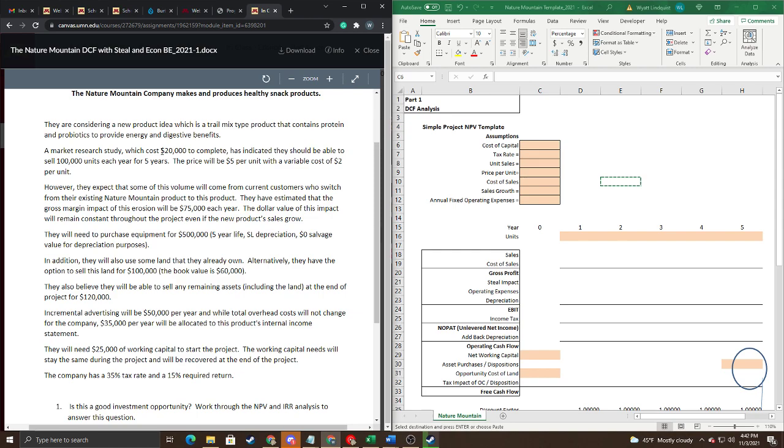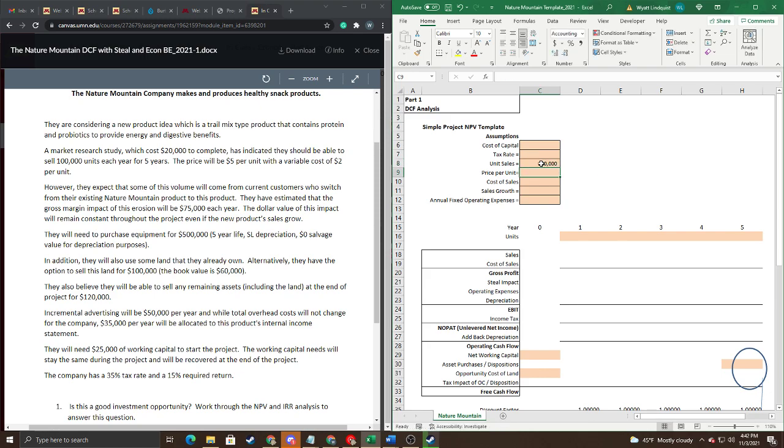If they decide to go through with this decision, or if they don't, they've already paid the $20,000. This number is pretty much useless to the problem. So now, this research though has indicated that they can sell 100,000 units per year for 5 years.